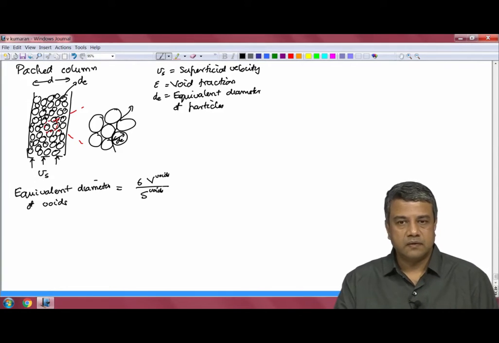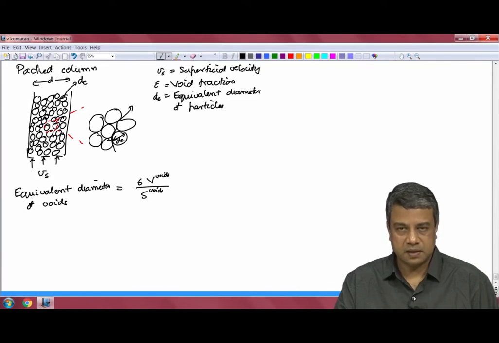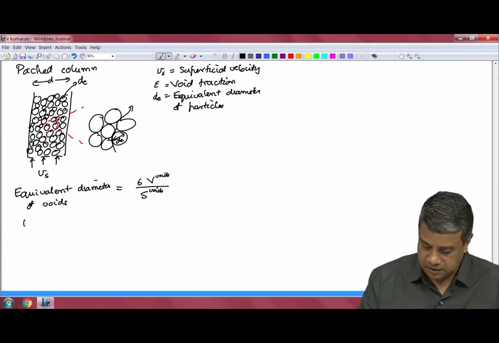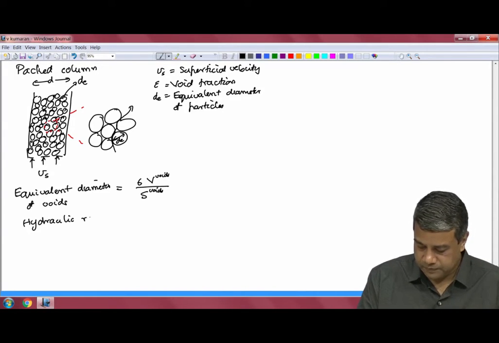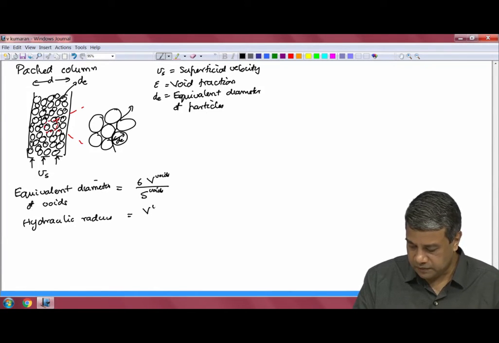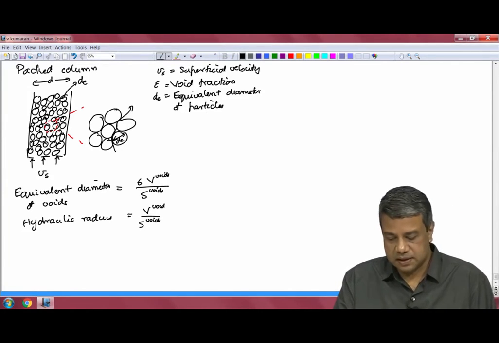Volume of the voids divided by surface area of the voids is the hydraulic diameter, for in 3 dimensions, and 6 times the hydraulic radius. So, hydraulic radius is equal to V of voids by the surface area of voids. And 6 times the hydraulic radius is the equivalent diameter.